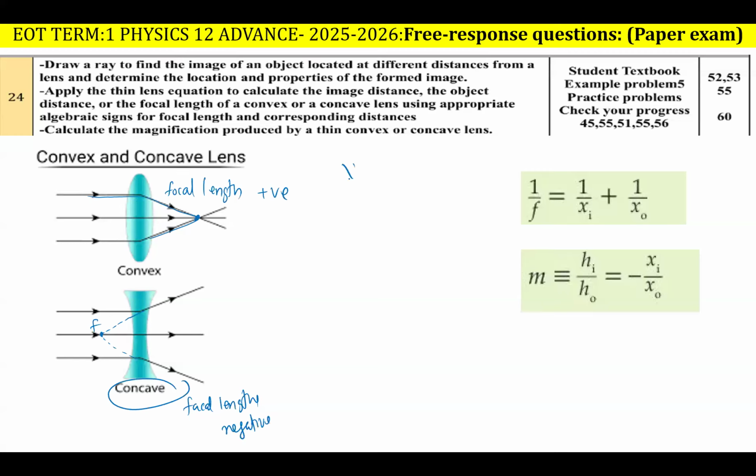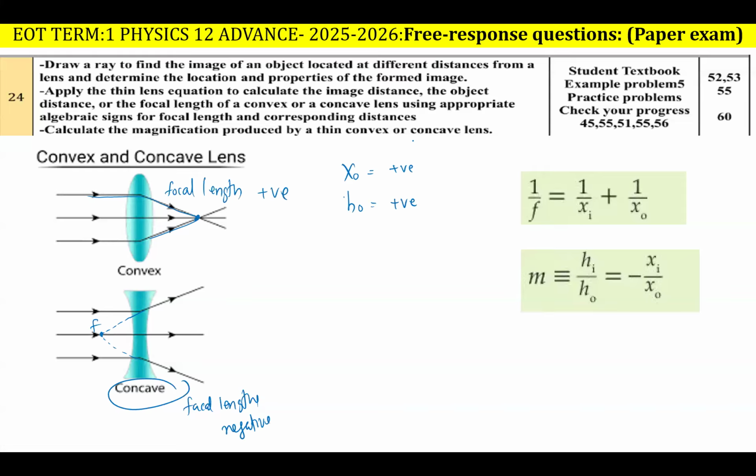Now, xo means the object distance. Object distance is always positive, for mirrors or lenses. In a lens, xo is always positive, and ho, the height of the object, is always considered positive.